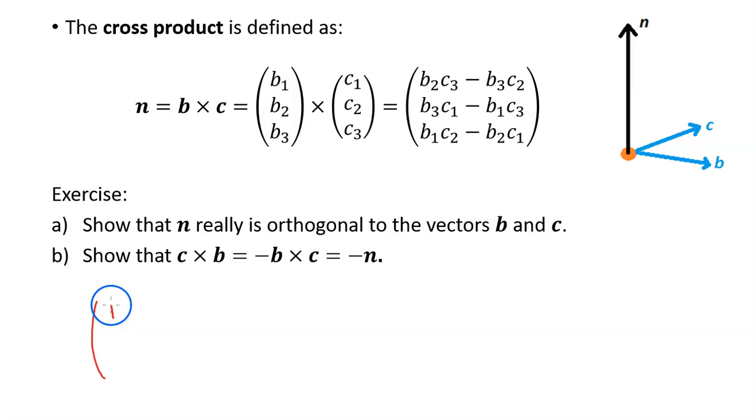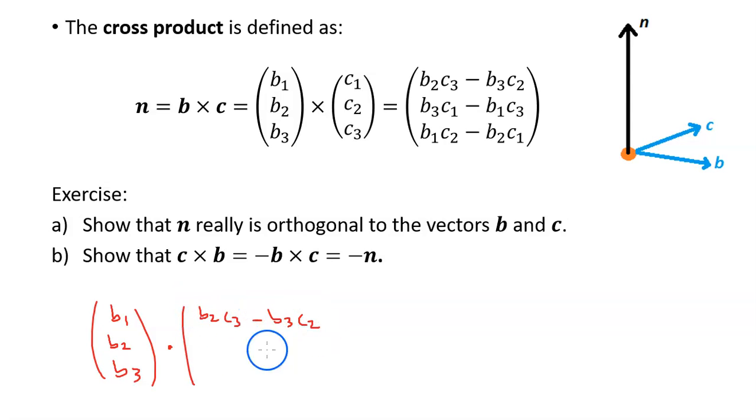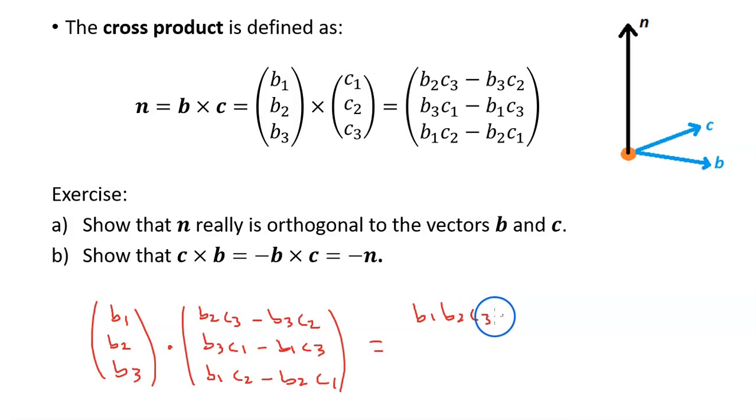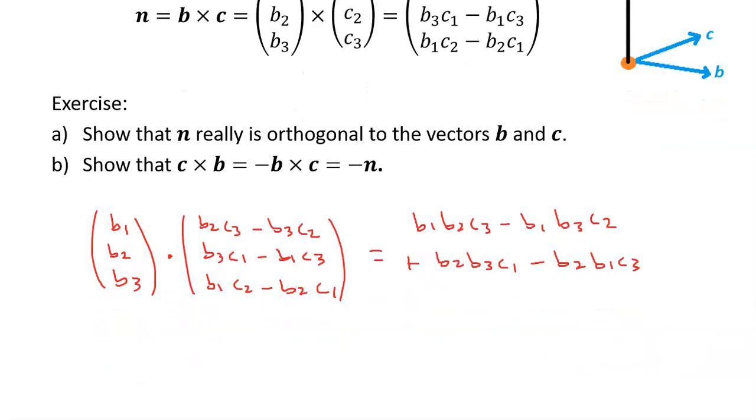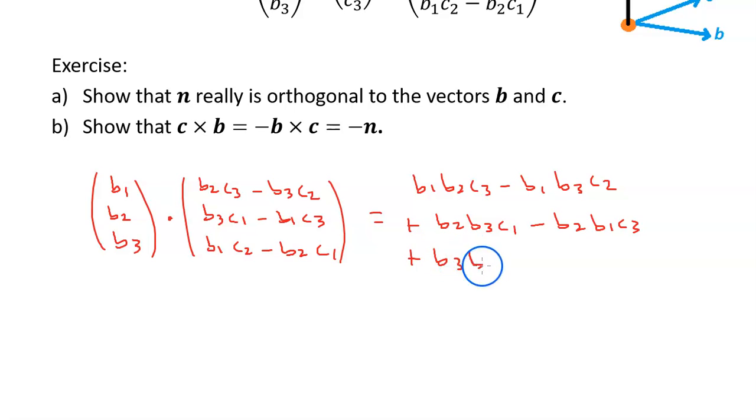If we take (B1, B2, B3) and dot it with (B2, C3 minus B3, C2; B3, C1 minus B1, C3; B1, C2 minus B2, C1), and write it all out, we get B1, B2, C3 minus B1, B3, C2 plus B2, B3, C1 minus B2, B1, C3 plus B3, B1, C2 minus B3, B2, C1.